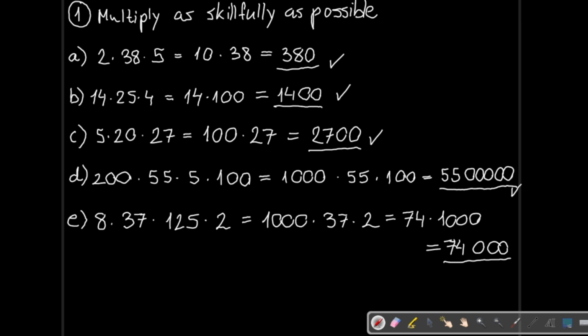Alright, the final example of this exercise, example F. We have 125 times 5 times 2 times 2 times 7 times 2 again. So we have 6 numbers here. Once again we are trying to get a multiple of 10 somewhere.